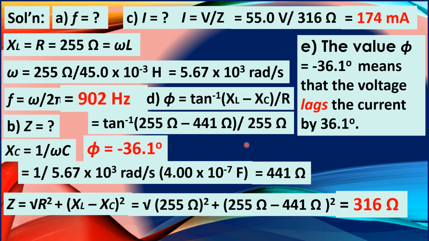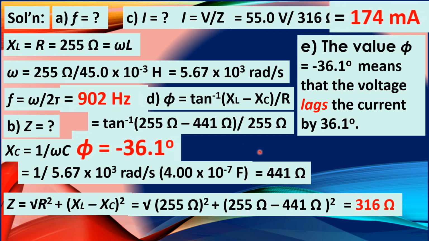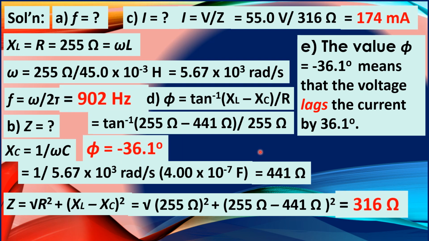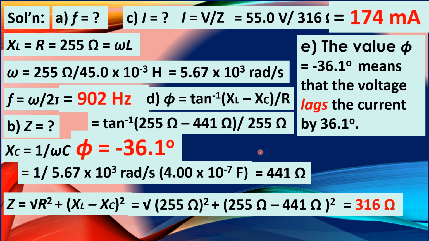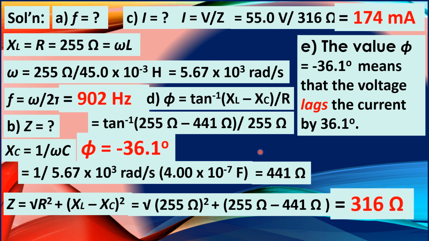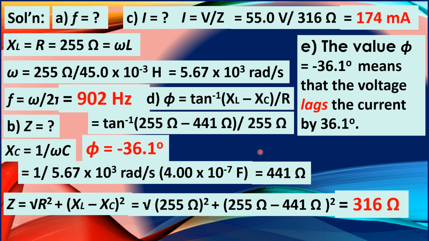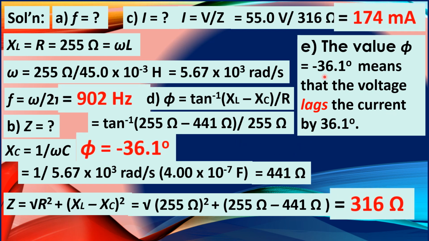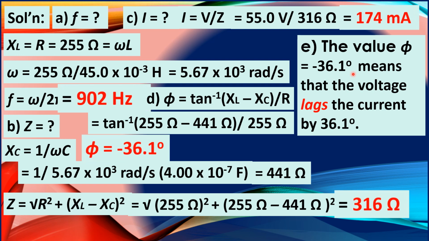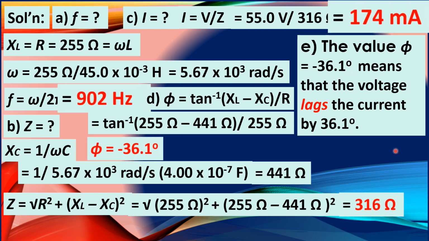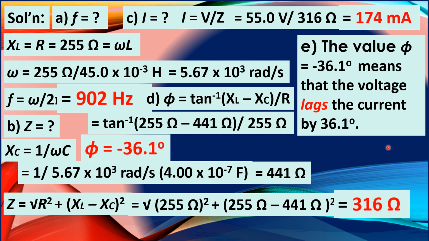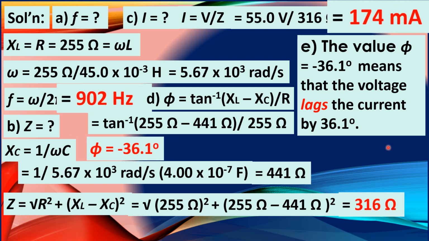And answering the question, letter E, whether the voltage leads or lags the current, the answer is the value phi, which is negative 36.1 degrees, which means that the voltage lags the current by 36.1 degrees.